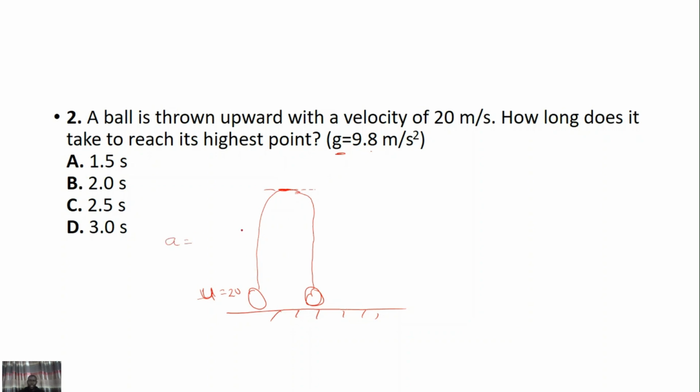But because this body is going up, that will be minus 9.8. Like I said, when the body is going up, g will be minus, and when it's coming down, it will be plus, right? Now, they said, how long does it take to reach its highest point? So they expect us to calculate the time it will use to travel from this place to this place. That is time, right?